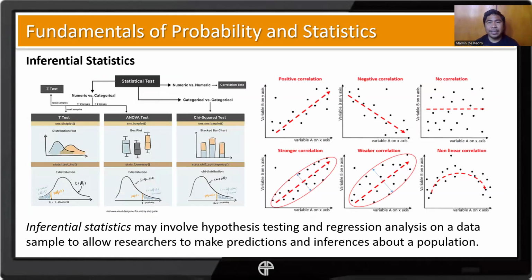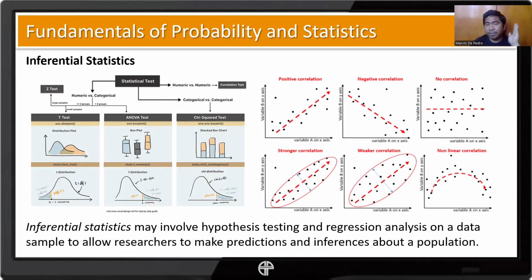And lastly, we have an overview of inferential statistics. Again, I just would like to point out that these statistical tests are only accurate when we work on a normal data set, or a data set that has a normal distribution.